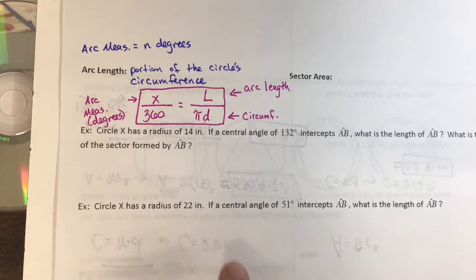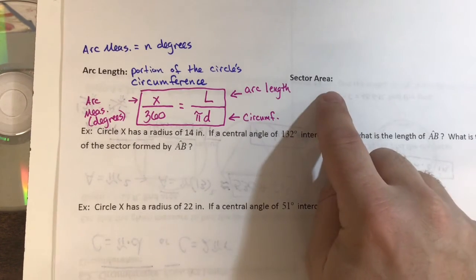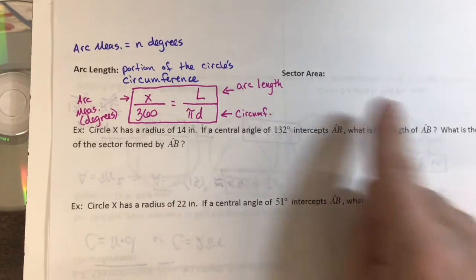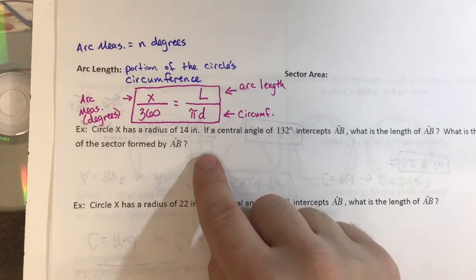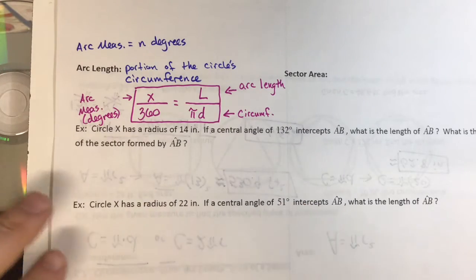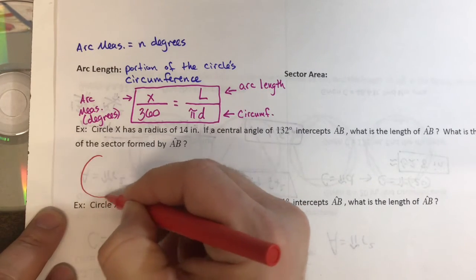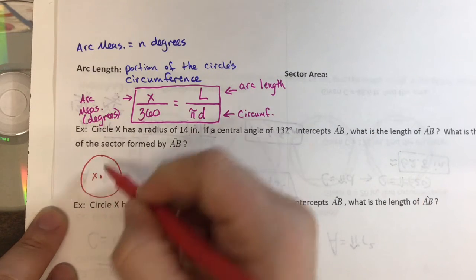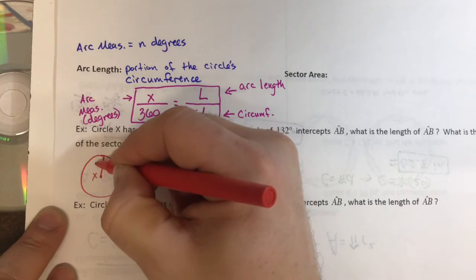So we're going to practice a problem that uses that, and then we're going to come back and talk about sector area. So we're going to do this next example. We're only going to do part of it because the other part talks about sector area. So we've got some circle X with a radius of 14. I'm going to go ahead and draw that. Okay, circle X, where the radius is 14.